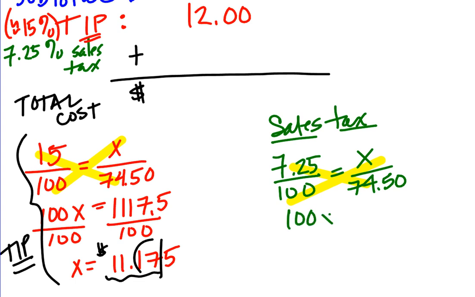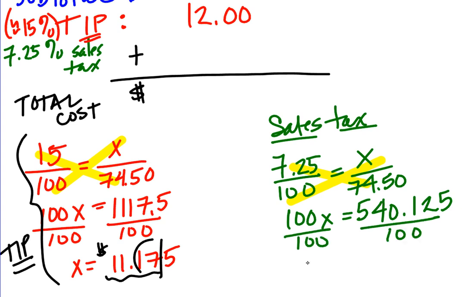I get 100x equals, and I'm bringing out my calculator. You can't see me. And make sure I put the right numbers in. And I get 540 and that. Okay. And then what I need to do then is divide both sides by 100.